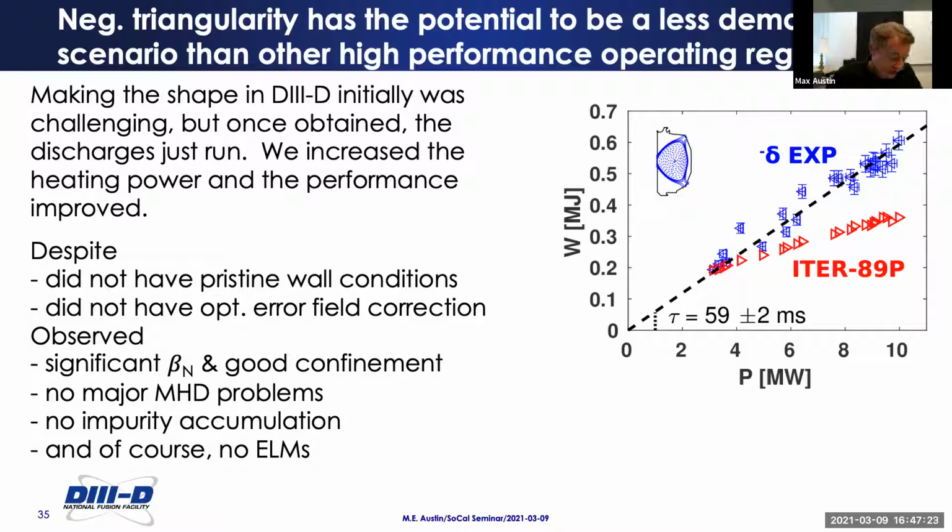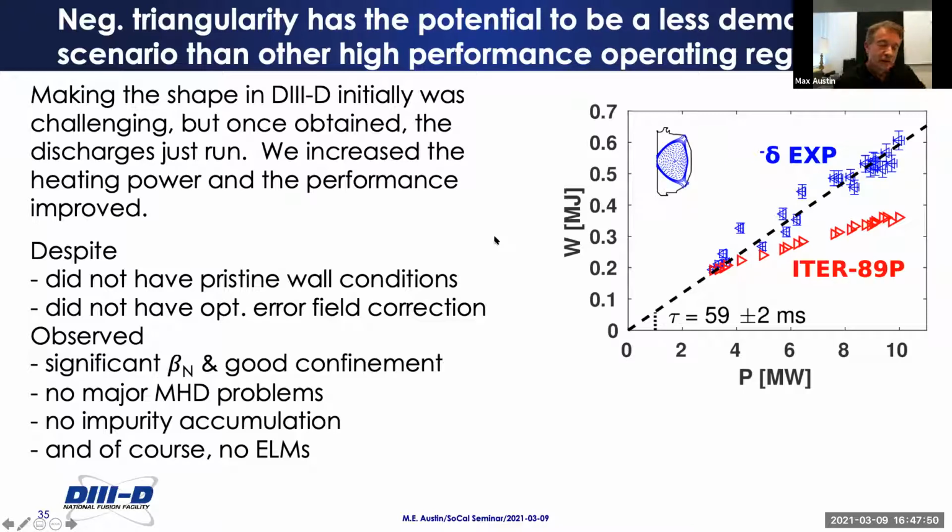And I pointed out earlier the discharges where we saw no MHD modes develop and cause disruptions. Shown here is one of our favorite performance figures, stored energy versus power, showing that negative triangularity does better than either scaling. So you don't have this degradation of confinement with heating power in negative triangularity.